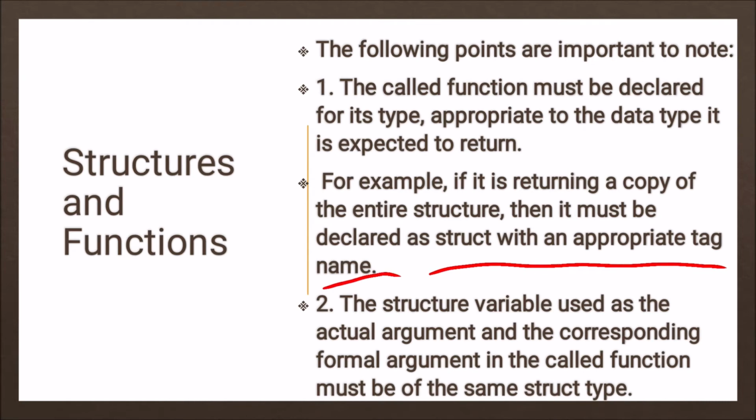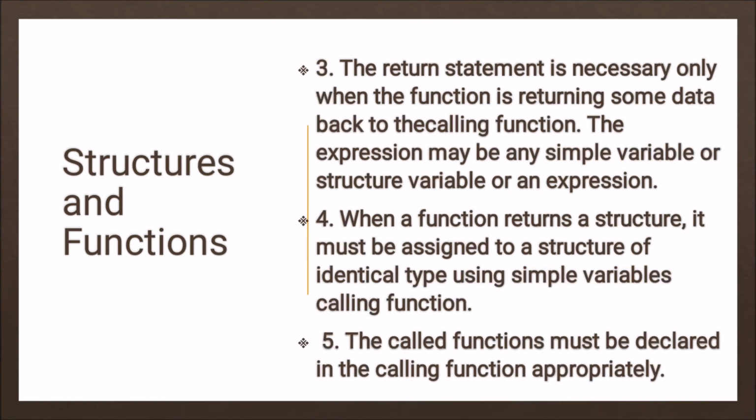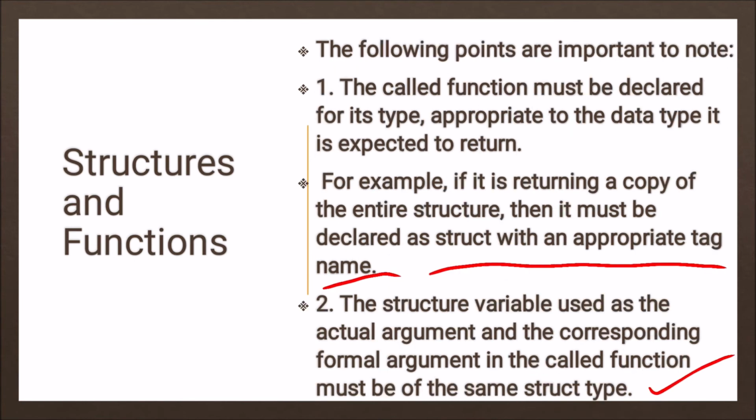The second rule is that the structure variable used as the actual argument and the corresponding formal argument in the called function must be of the same struct type. So the argument type must be the same in actual and formal argument.